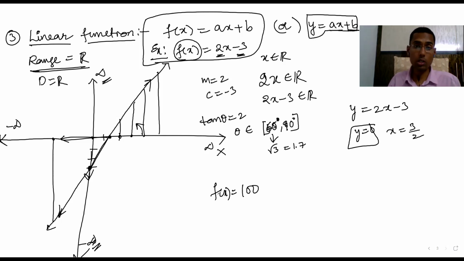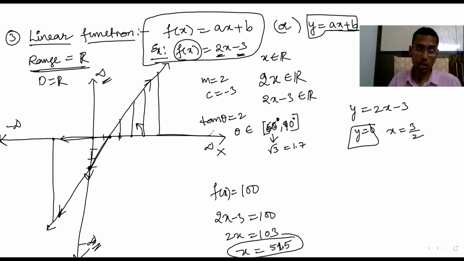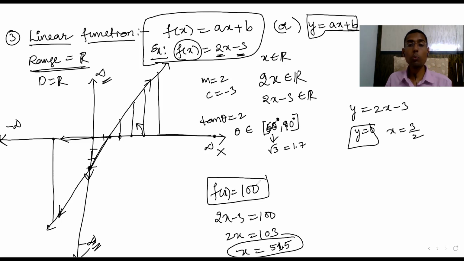When the image is 100, what is the pre-image? 2x minus 3 is 100, so 2x is 103, and x is 103 by 2, that means 51.5. So when x is 51.5, the y value is 100. Like that, you can find the pre-image for every image. Hope you are able to understand.